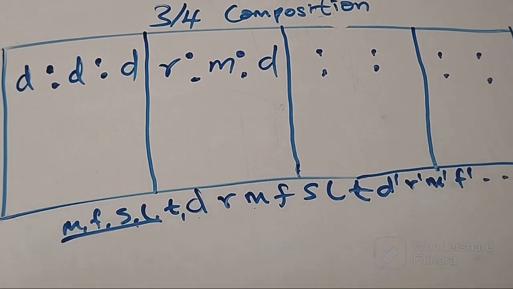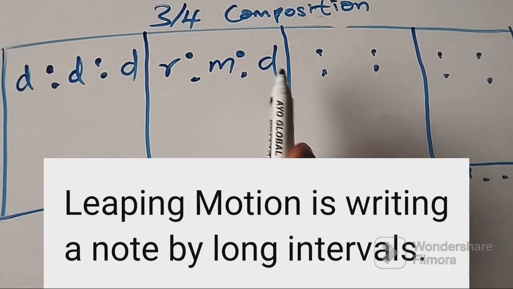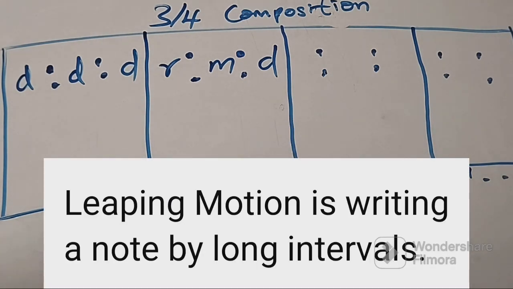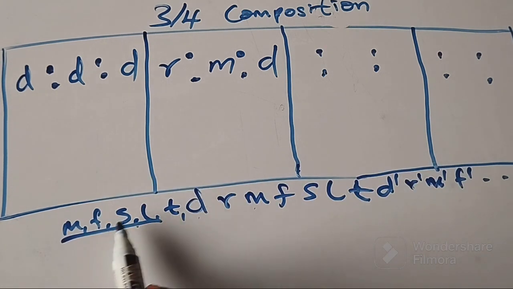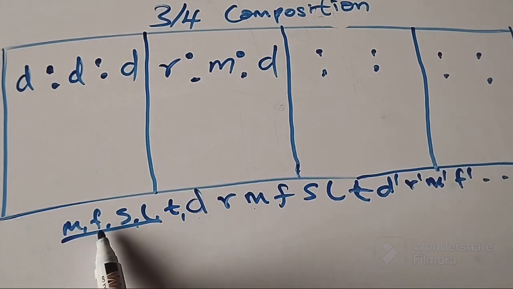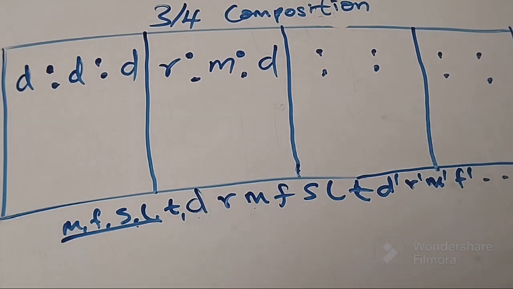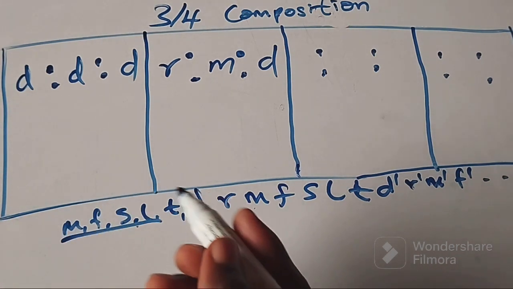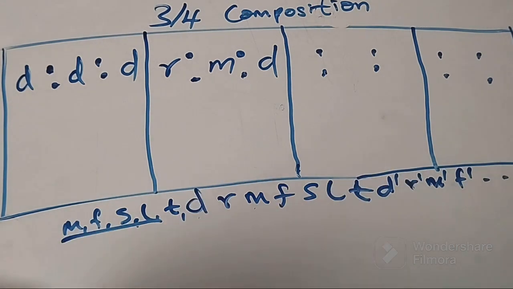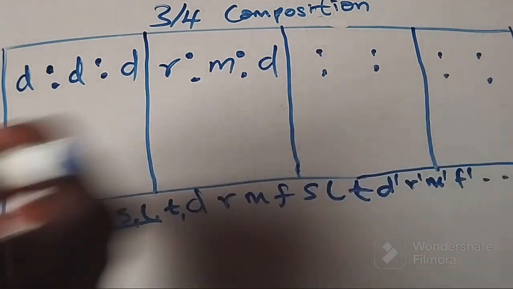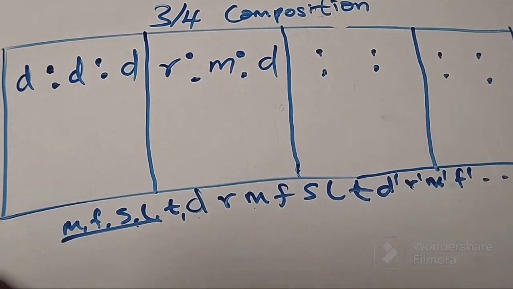Then if it is leaping, you move from do to fa. Do you understand it? You move from do maybe to here, or you move to fa, which we call leaping motion. Okay, so I can use that one, but leaping motion doesn't come always.